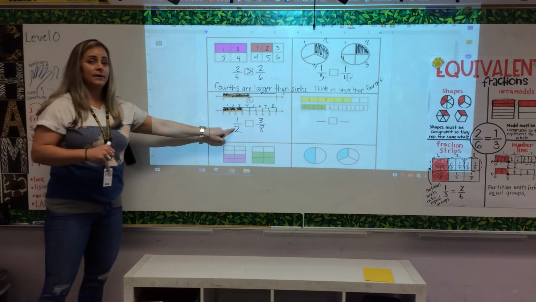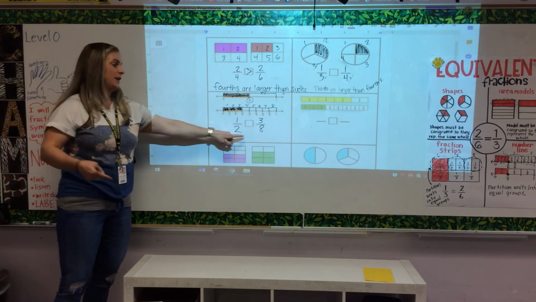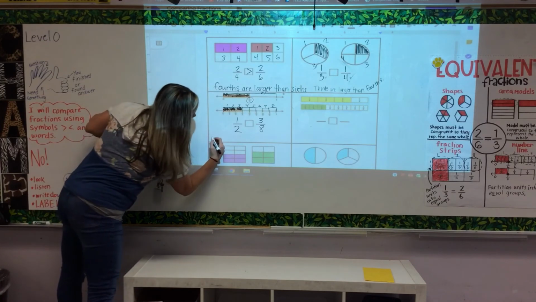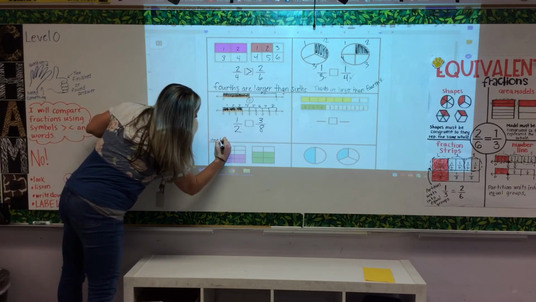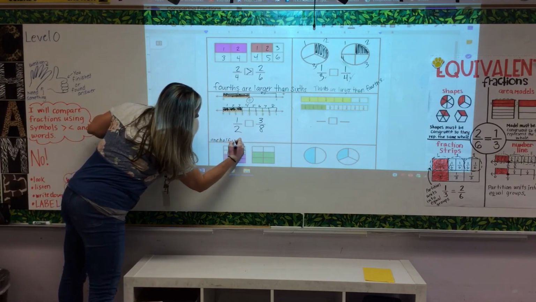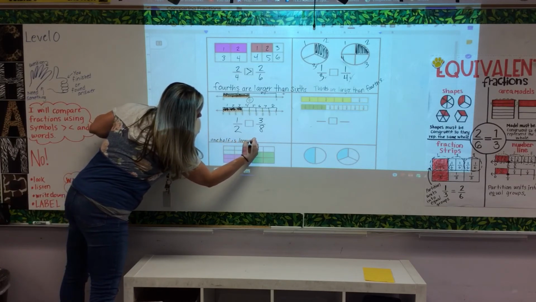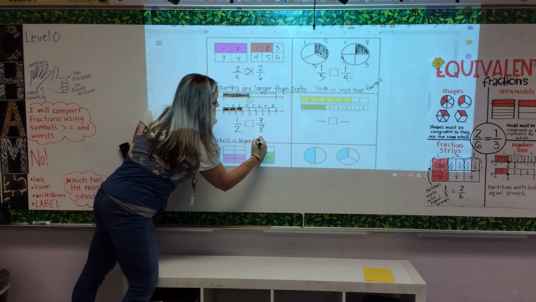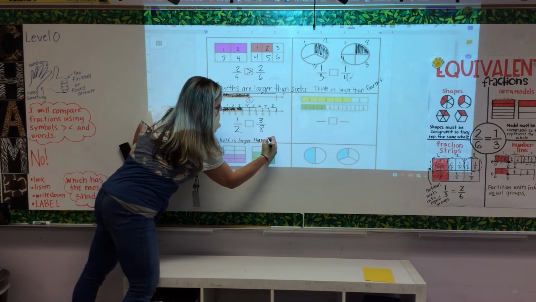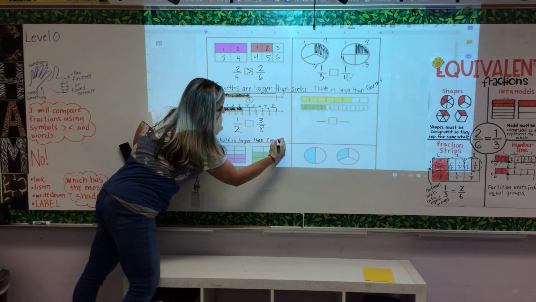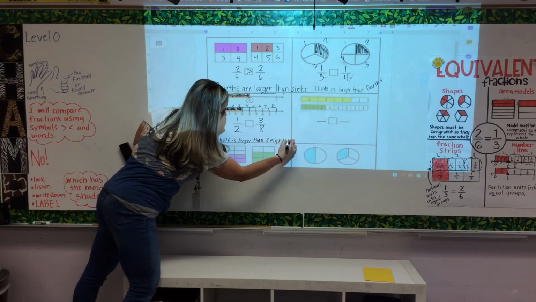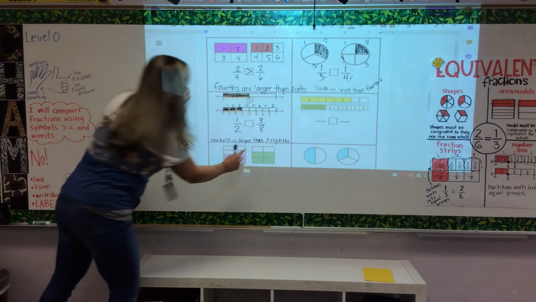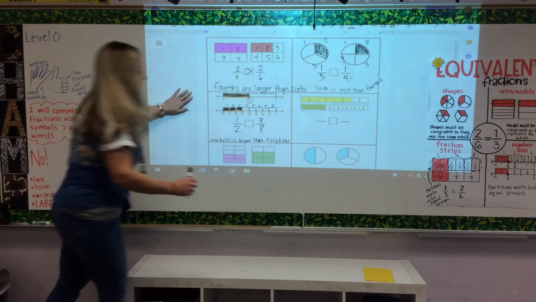And we know that halves are larger than eighths, right? So we would say 1/2 is larger than 3/8. I totally feel like I spelled the eighths wrong, but you know. Okay?